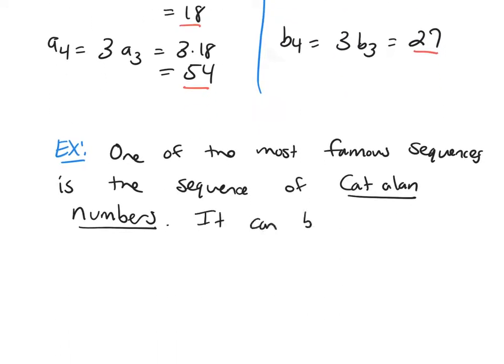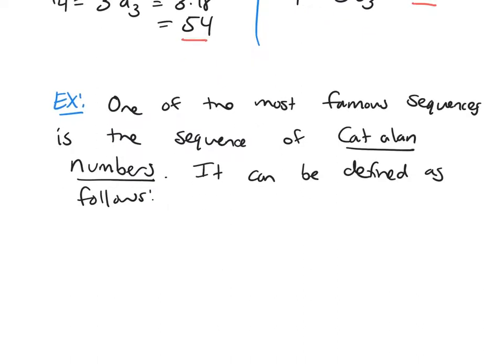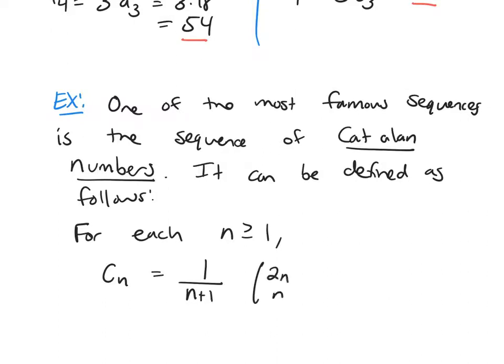It can be defined as follows. For each n greater than or equal to 1, Cn would be 1 over n plus 1 times 2n choose n.